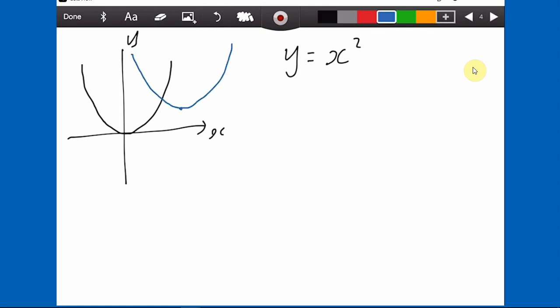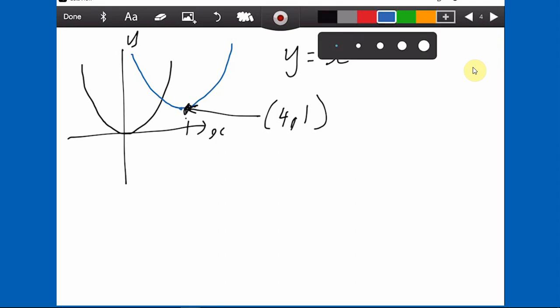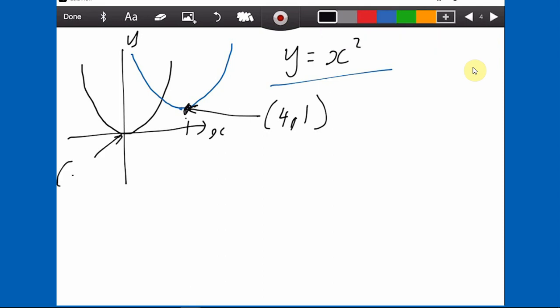And say that the turning point there is 4 and 1, then for that blue one, we've translated our y equals x squared. Now there's two different ways that we can go about that. Of course, down here at the start, the turning point was at 0, 0.